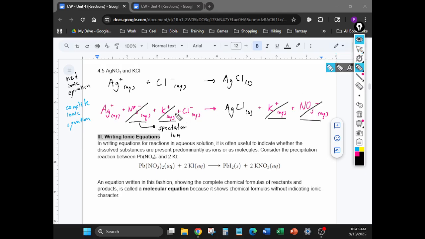Yeah, so for the net ionic equation, you just need to figure out what the spectators were, which ones don't do anything, and then just don't write them in the final one. And then we're going to do an example with this, so you'll see what formatting is required for the answer. Great question. Okay, any other questions? Okay, we're going to do one in a second.